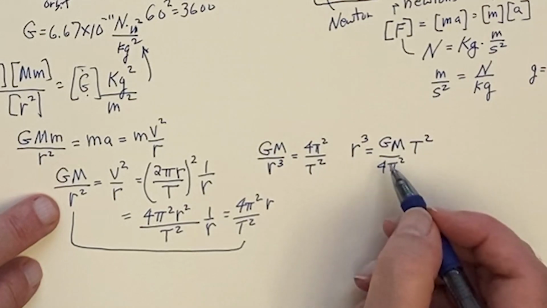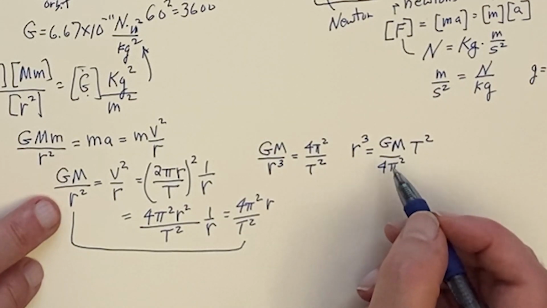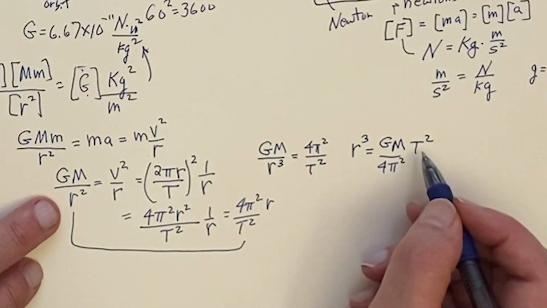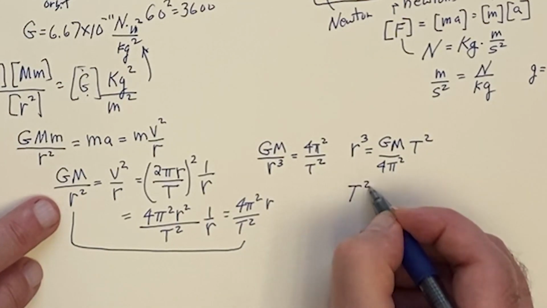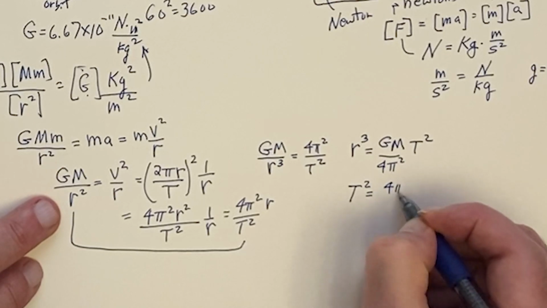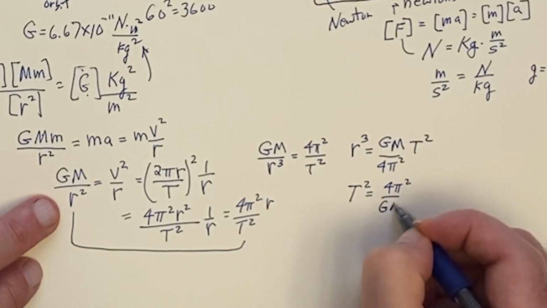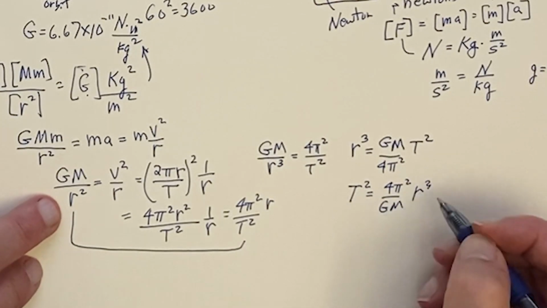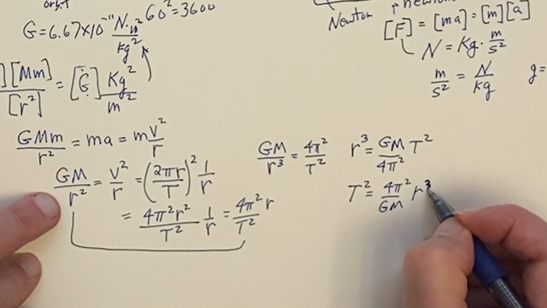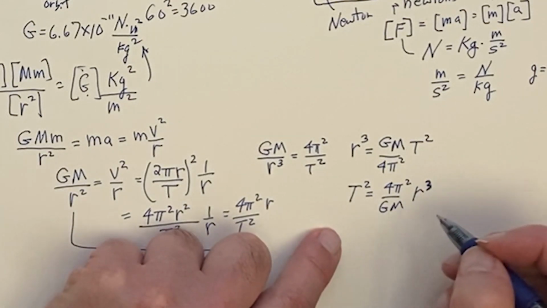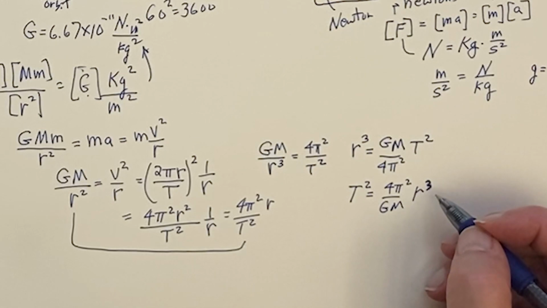So this is your Kepler's third law, that r cubed and t squared, and you could write it either way. You could have, for example, t squared equals 4 pi squared over GM times r cubed, that the square of the orbital period is proportional to the cube of the distance.